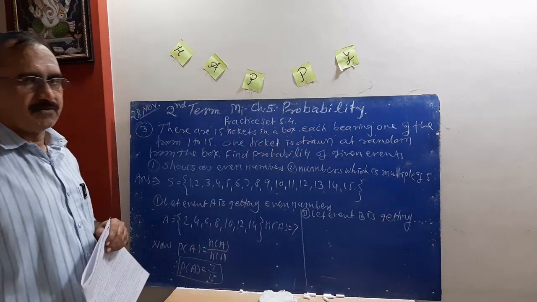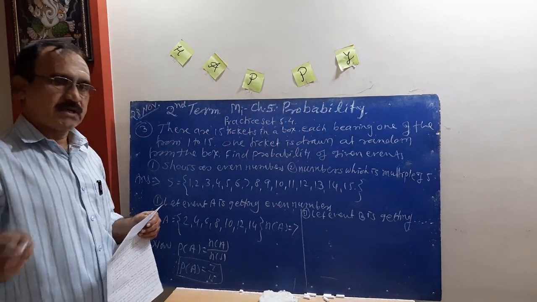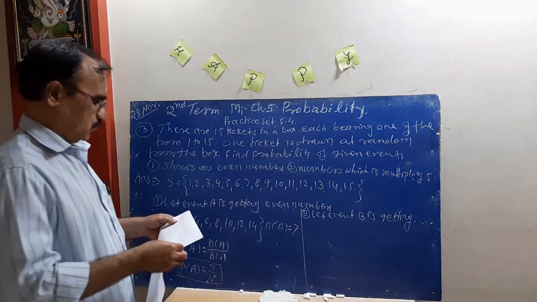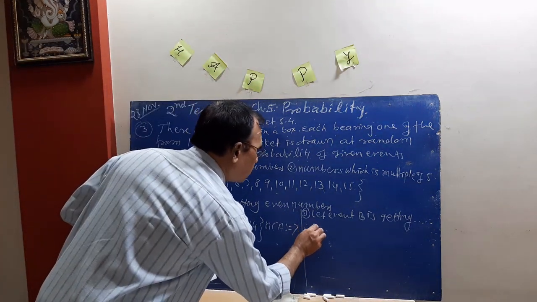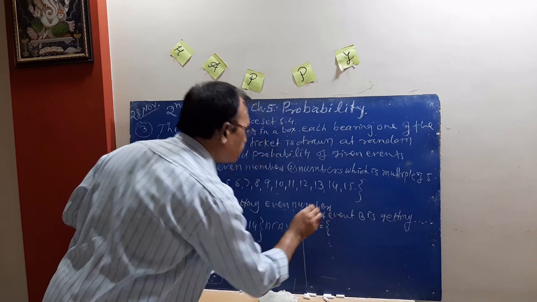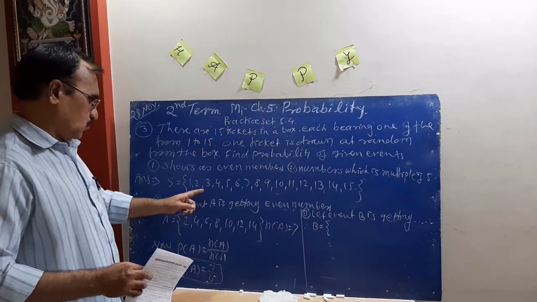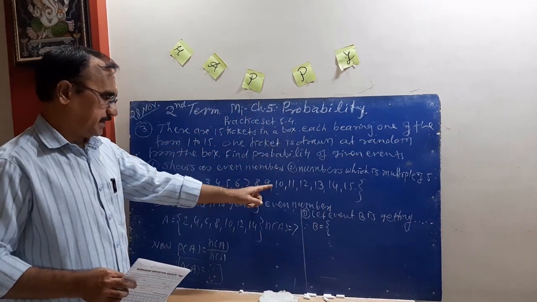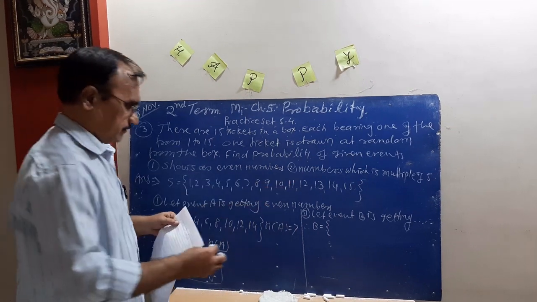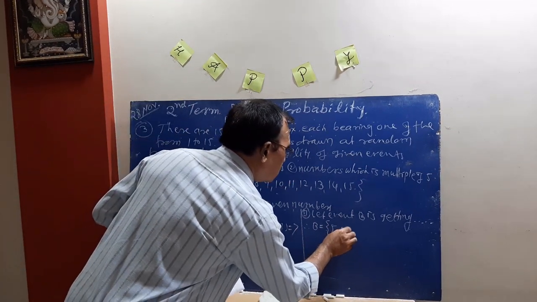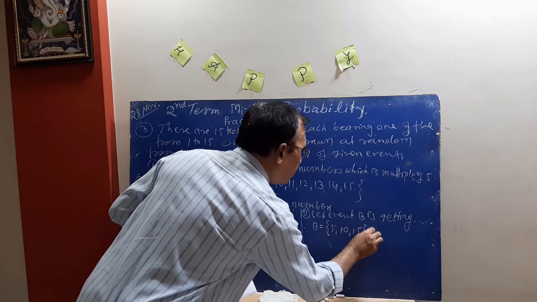Event B is getting the numbers which are multiples of 5, and therefore B is equal to {5, 10, 15}.